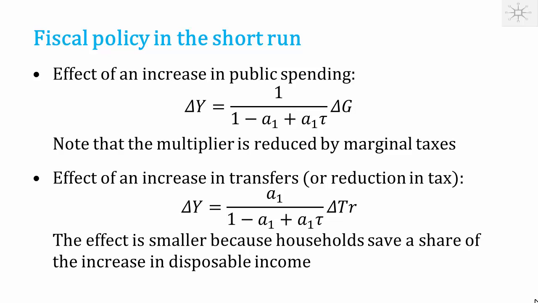And the reason is that households will save some of this increase in disposable income that they get when you reduce the taxes. Okay, so this suggests that yes, the government can affect the demand and production by changing the government expenditure and transfers and taxes, and potentially fiscal policy can be used to counteract shocks to the economy.